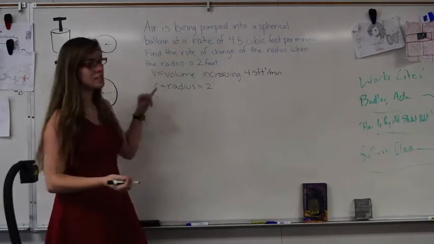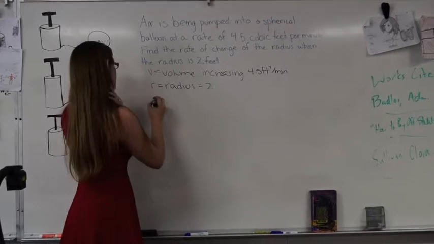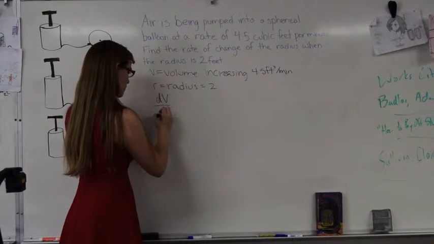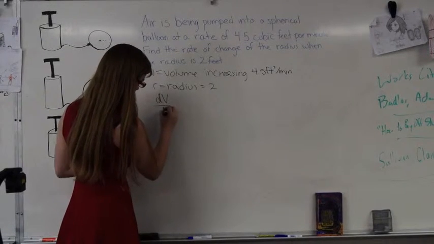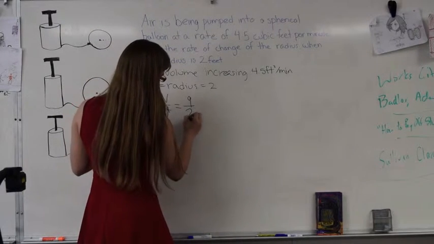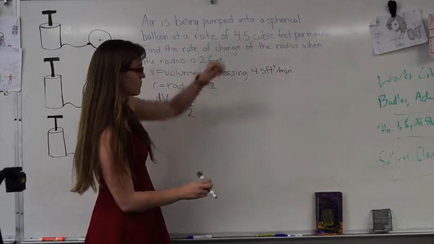And then we rewrite that so that we can differentiate in respect to the radius. And rewrite it with 9 over 2 because of the given 4.5 cubic feet.